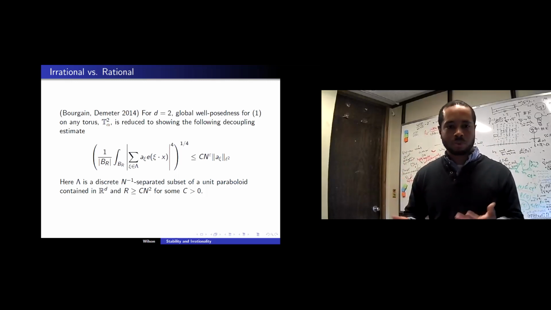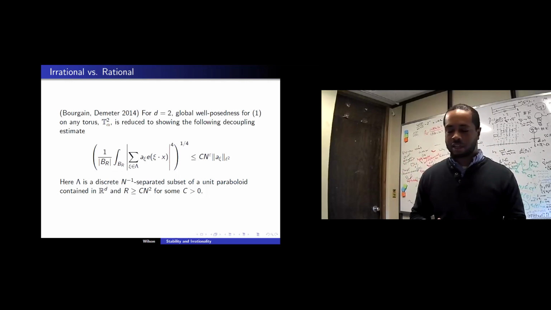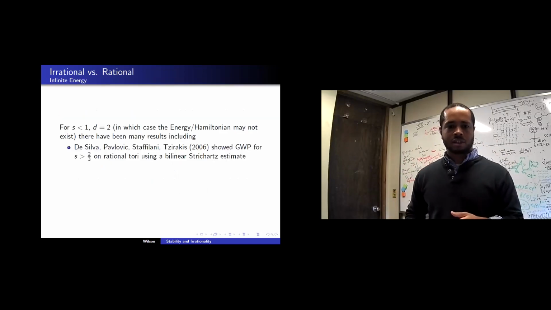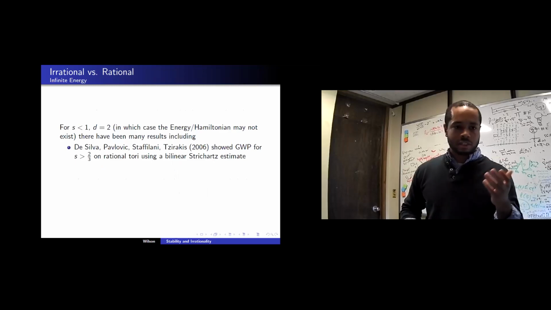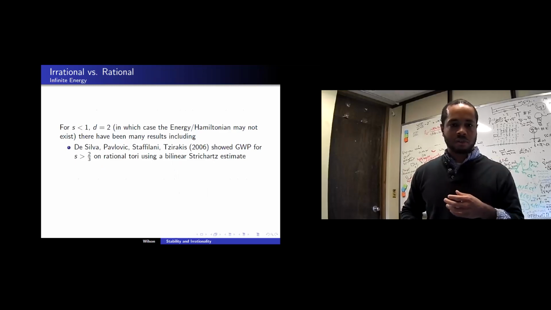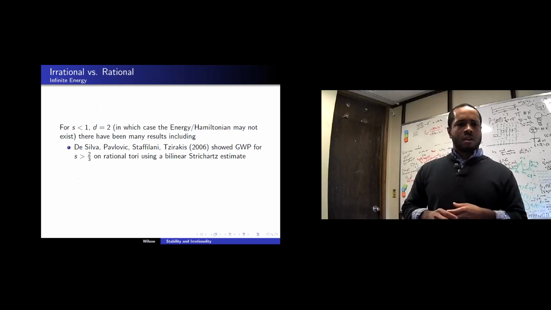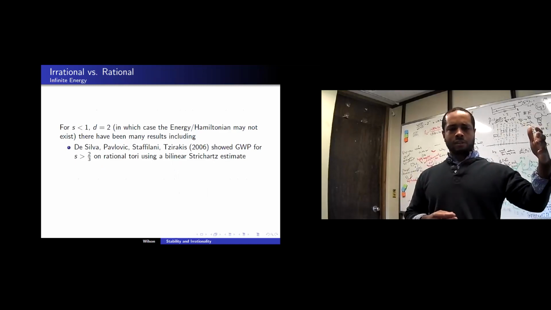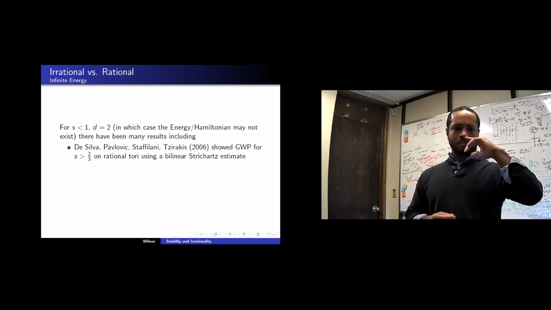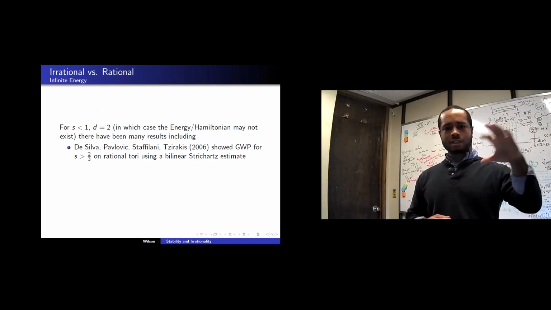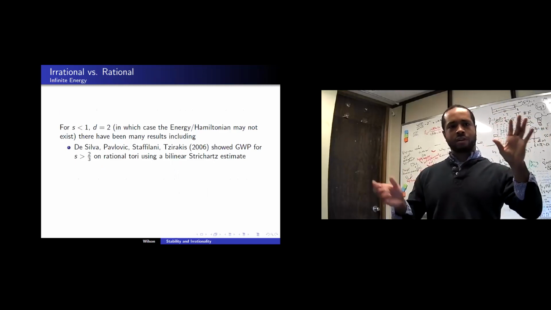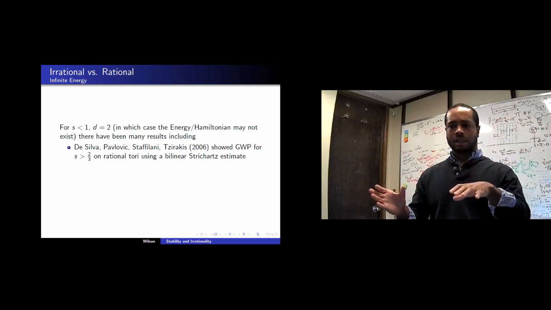These types of things do appear in dynamical systems sometimes, but in this case, it's kind of surprising, I suppose, to expect that it would be very different. So let me discuss a little bit about where I started in this particular weird irrational versus rational dichotomy.